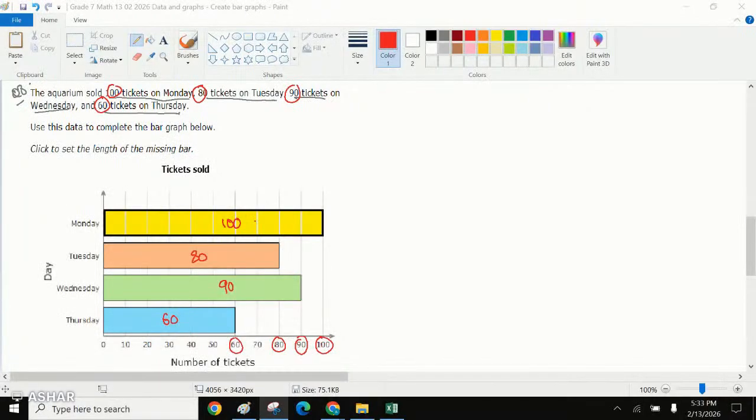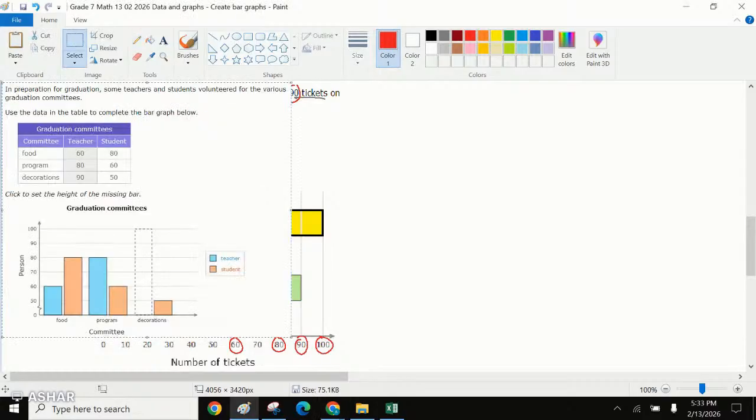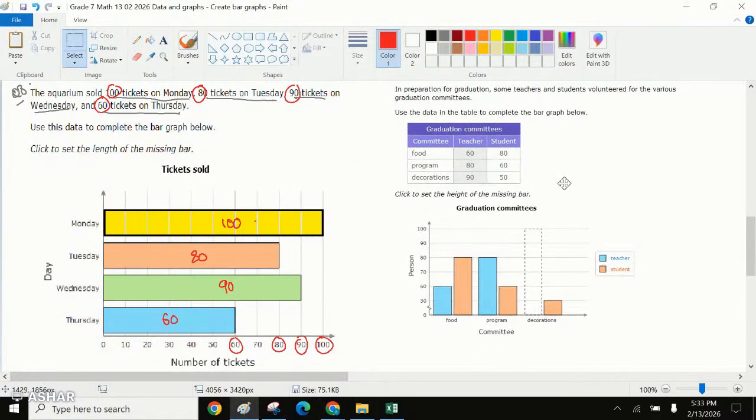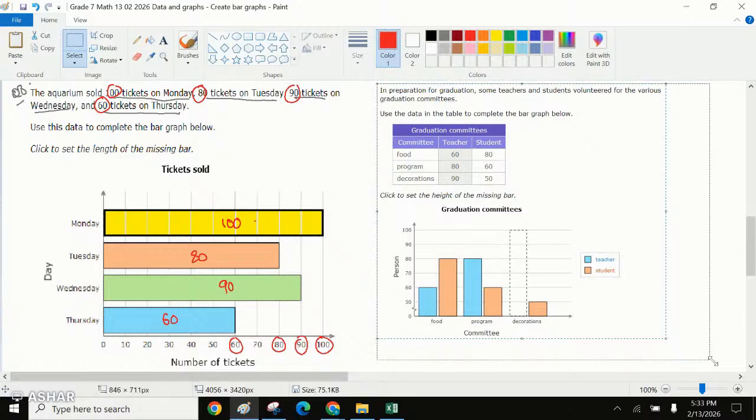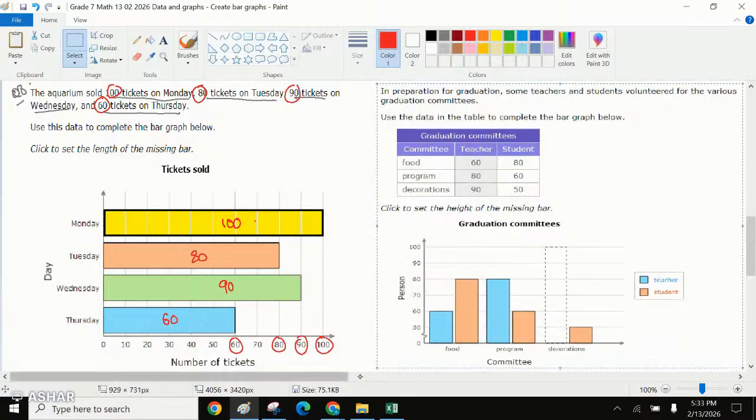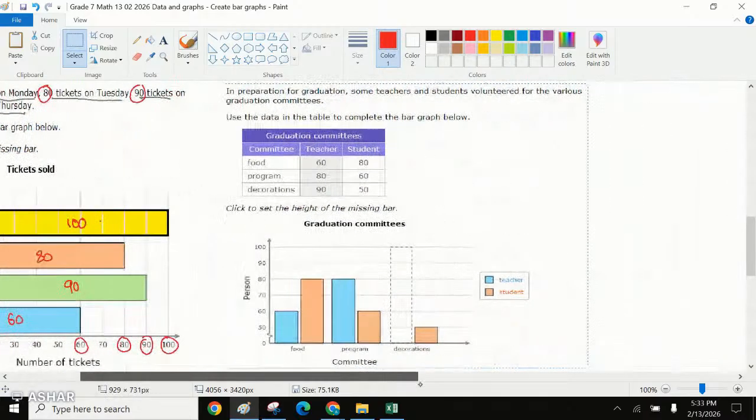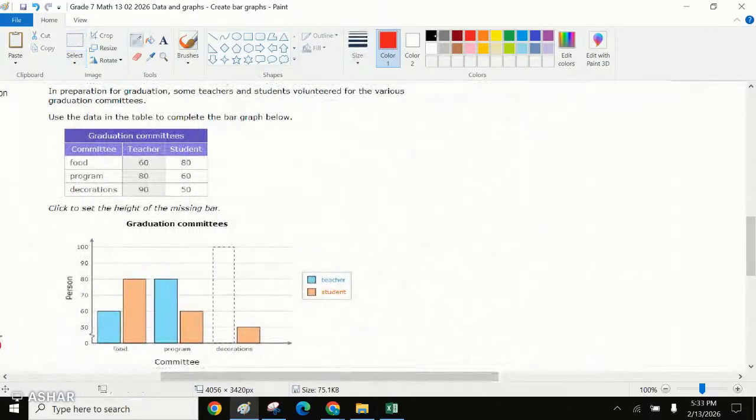Okay, if we look at the next question, question number 9 gives us this information. It says, preparation for graduation. Some teachers and students volunteered for various graduation committees.